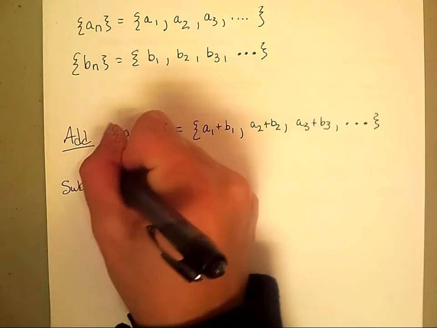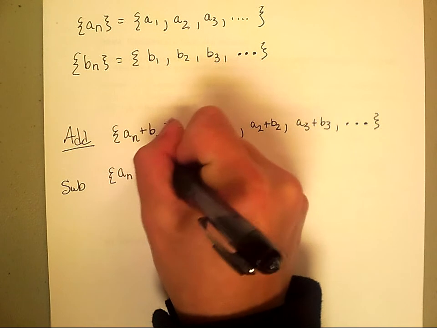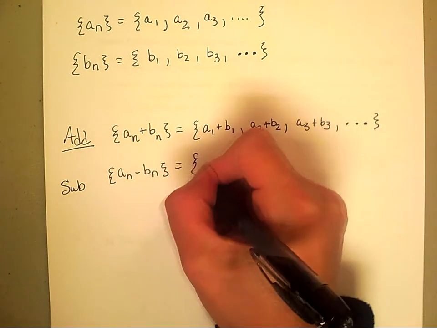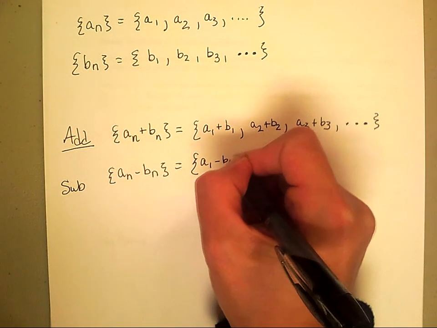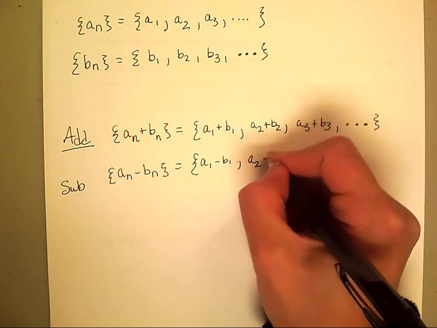We can subtract them. This is where we take a sub n minus b sub n, and we do the same thing, except now we're subtracting. It'll be a1 minus b1, the first term of the new sequence.